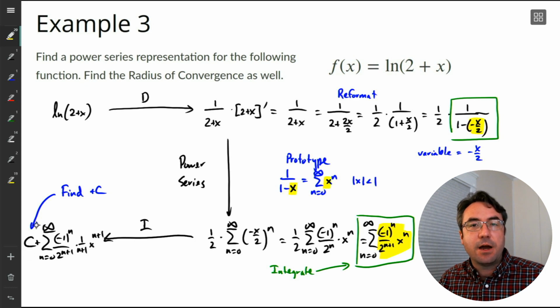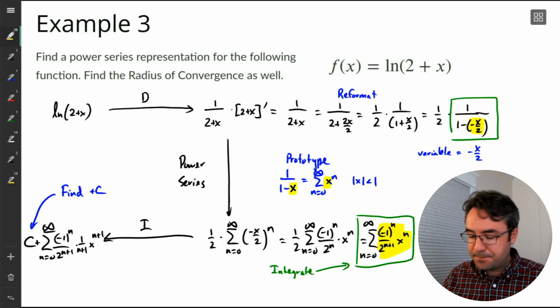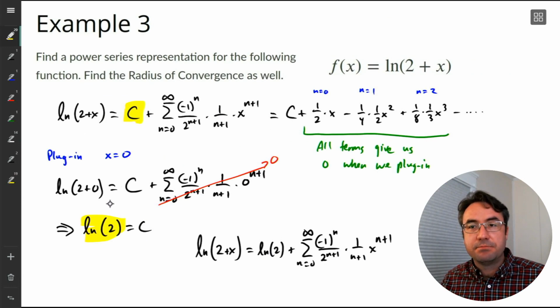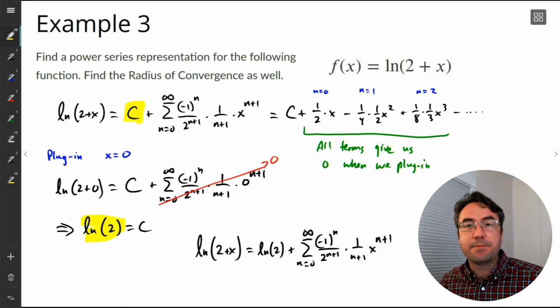There's a slightly unknown bit of information here that we have to figure out. So integrating gave us our power series almost, except that plus c. And then the last part of that was actually figuring out what plus c was. And then we were able to write down our nice power series here.